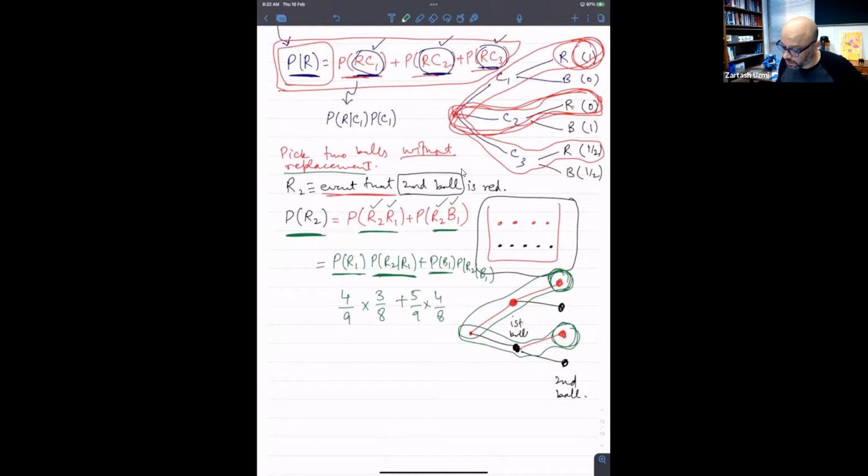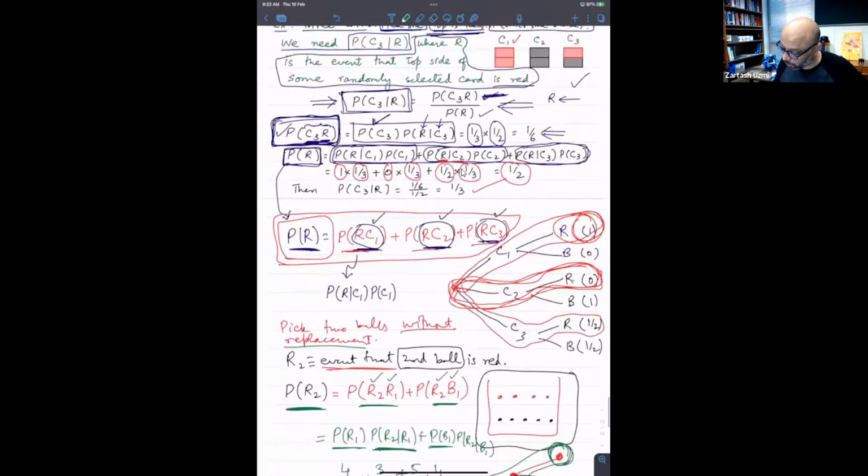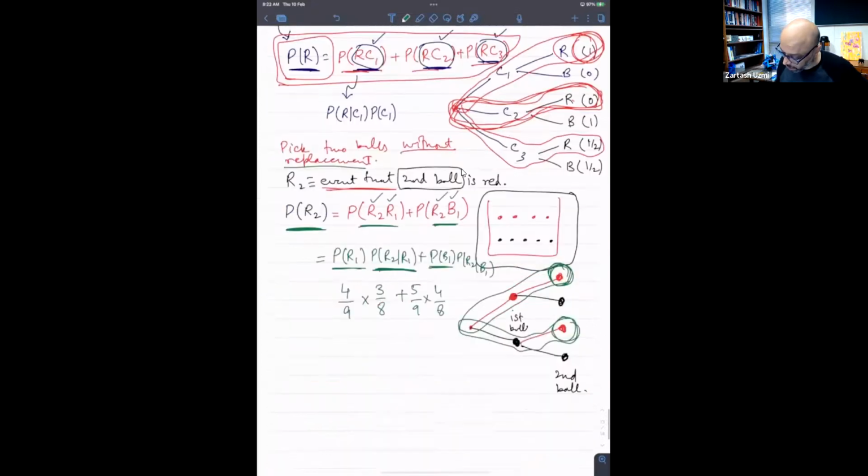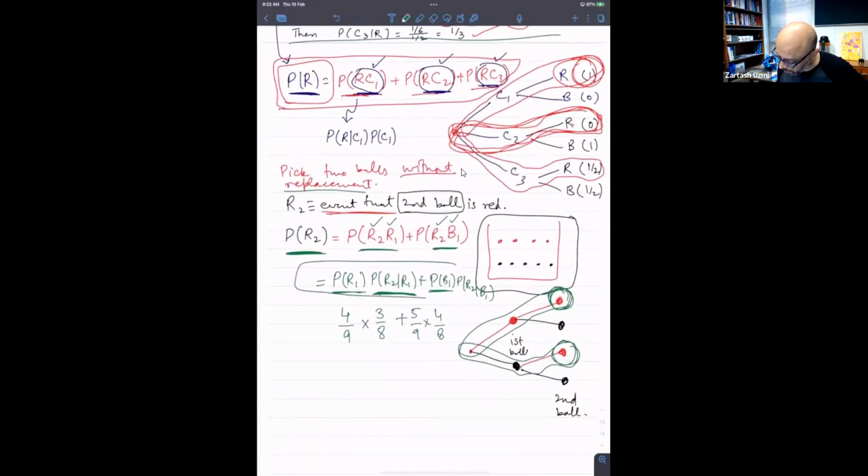This is exactly the same thing we did here. And by the way, this is called partitions. One more thing I want to point out here, which might be useful.